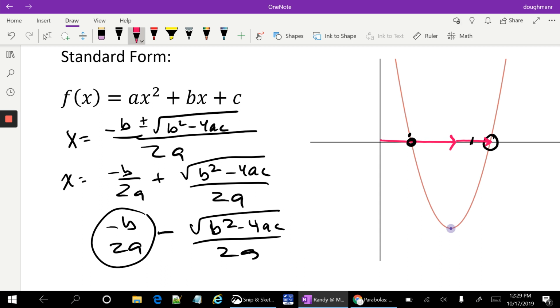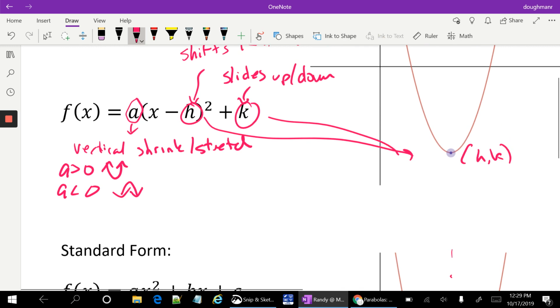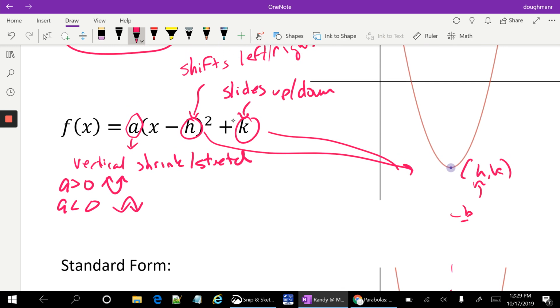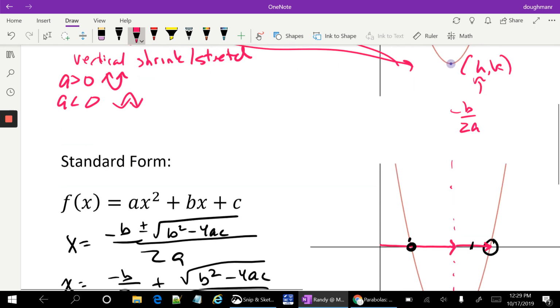So I hope what you'll see is that point right there, or that distance, negative b over 2a, is the x-coordinate of the vertex, which above was h. So there's a little check on your math. Negative b over 2a and h should be the same number.